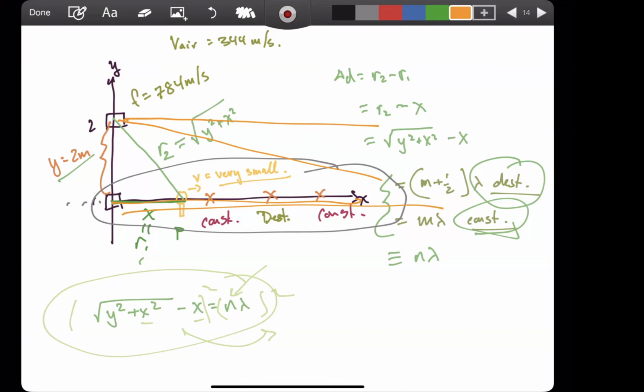If I go an infinite distance away, the distance between these two shrinks to 0. So the only way to get parallel lines is to go all the way out to infinity. Going back to my picture, the first place I find constructive interference is at x0, all the way at infinity. I have to go all the way to spatial infinity to get my first one.